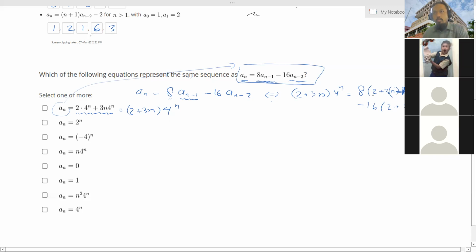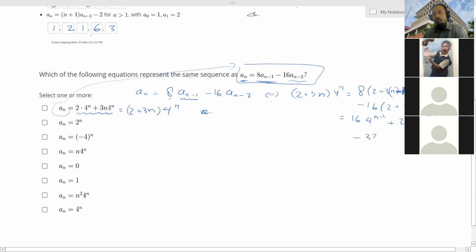Now we should simplify this. What about the left hand side? The left hand side is fine. The right hand side is actually 16 times 4 to the power of n minus 1 plus 8 times 3n times 4 to the power of n minus 1, so 24n times 4 to the power of n minus 1, minus 8 times 4 to the power of n minus 1. What about the right here?